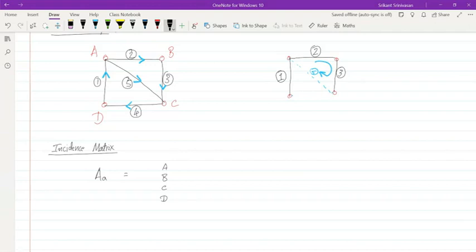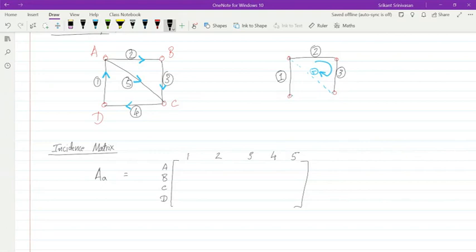Now the columns would be, how many branches do we have? 1, 2, 3, 4, 5. So let's write it as 1, 2, 3, 4, 5. This is a matrix, so I'll put a square bracket here. And now what we are going to do is start populating the elements of this matrix.